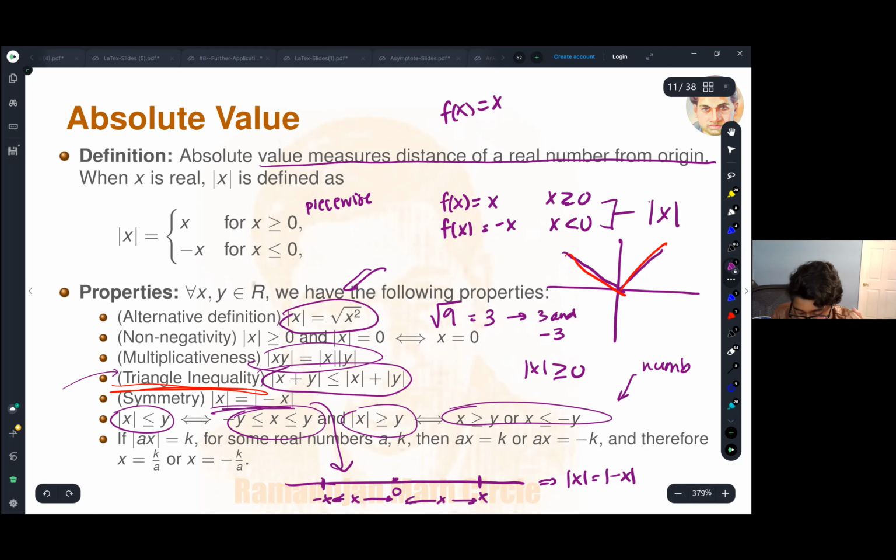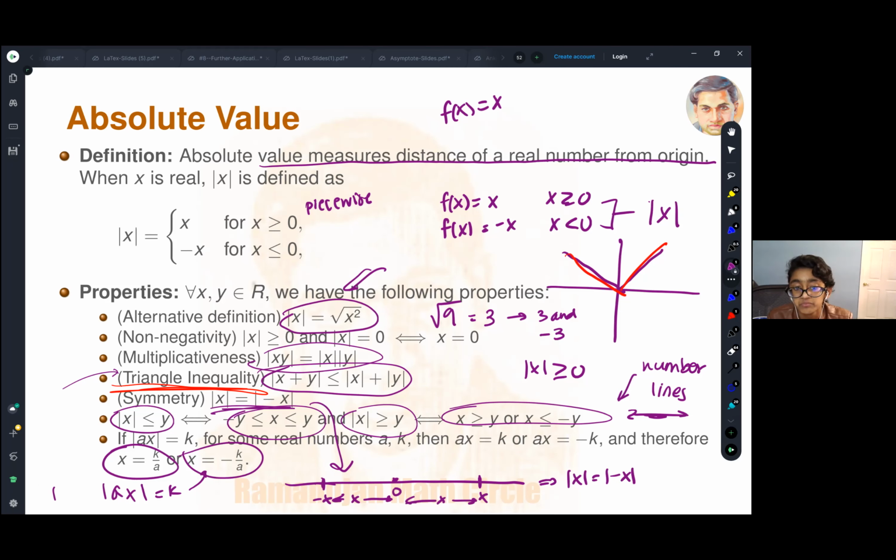And I think number lines are really useful in this case because you can try out values and see which ones work. And then last but not least, if you have that |ax| is equal to k, we have that x is equal to k over a, or x is equal to negative k over a. So that's about absolute value.